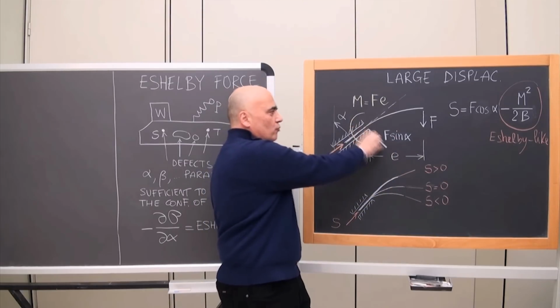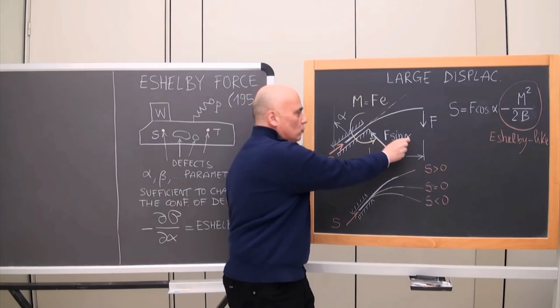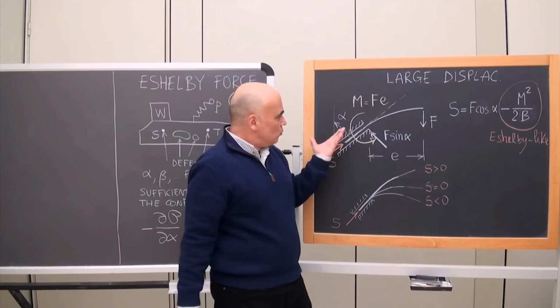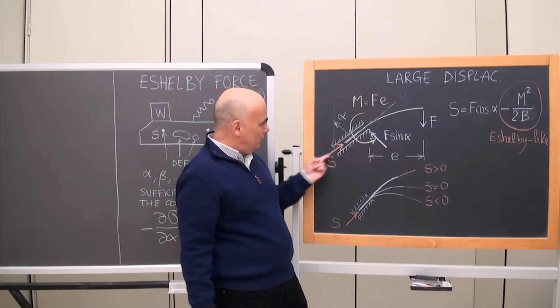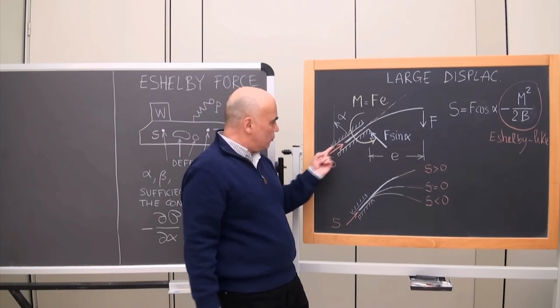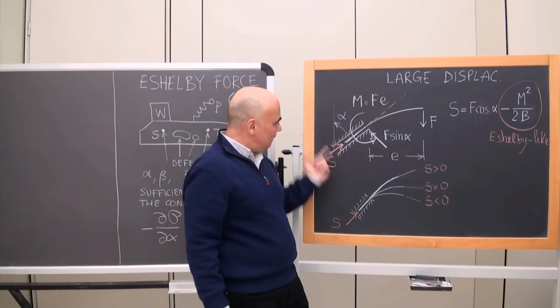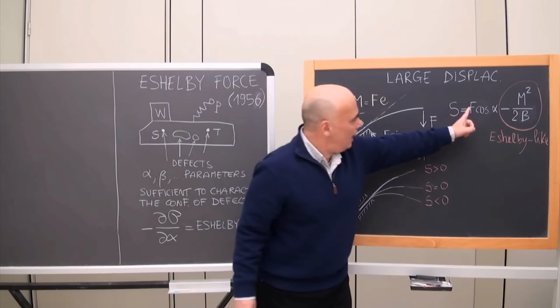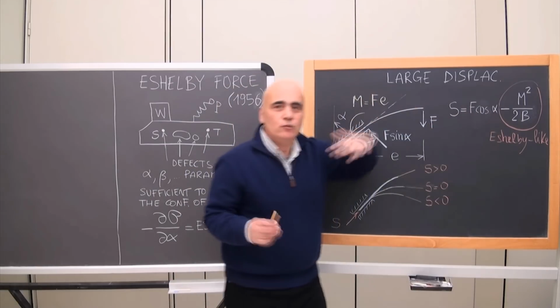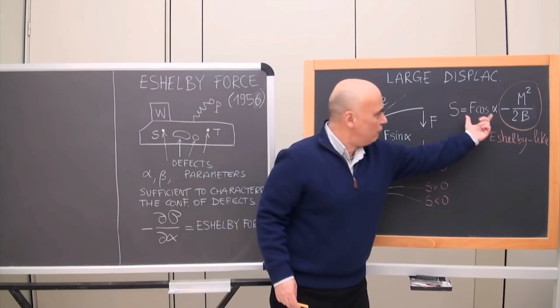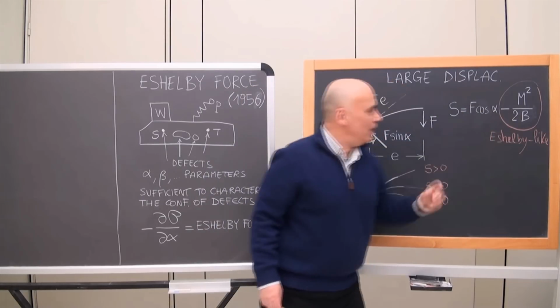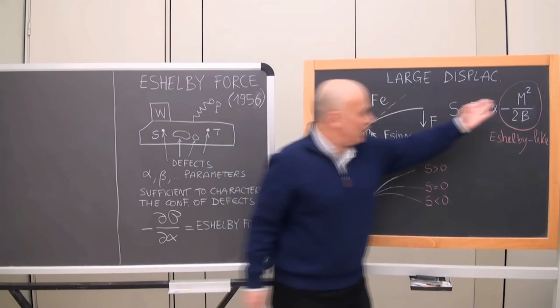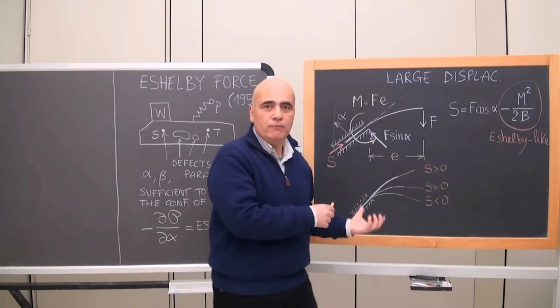Also we have a transversal reaction F sine alpha, and the surprising thing is to see that this force S, inclined at alpha, is not F cosine alpha as it would be expected, but is this force plus the Eshelby-like force, which is again expressed in the same way as before.